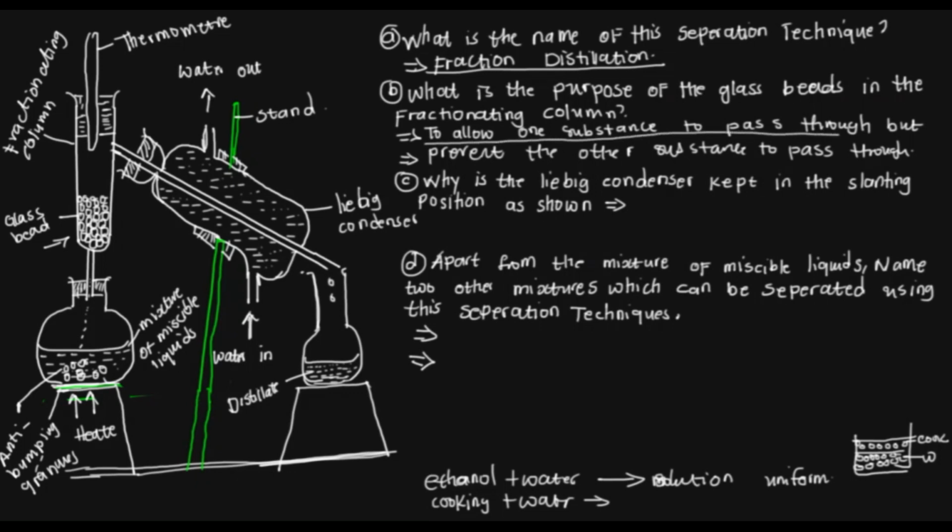Okay, now we can move on to question C. The Liebig condenser is kept in the slanting position as shown. So why is the Liebig condenser kept like this? Why is it not in a horizontal position? Why is it positioned slanting?